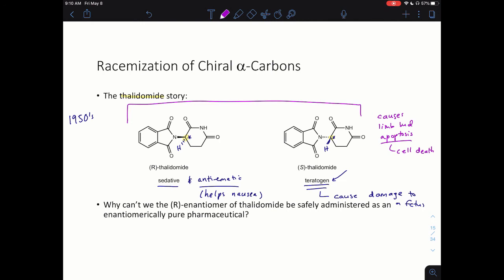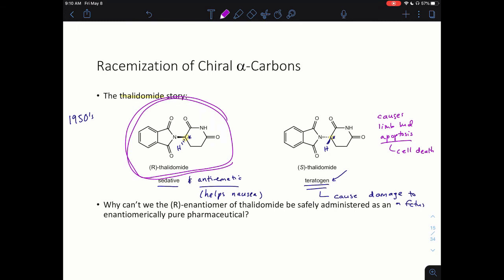Now, this could only be made as a racemic mixture at the time in the 1950s. Today, there are techniques to just simply make R-thalidomide. But even if you could get R-thalidomide in a bottle, it turns out it still cannot be safely administered to anyone who is pregnant or expecting to be pregnant.